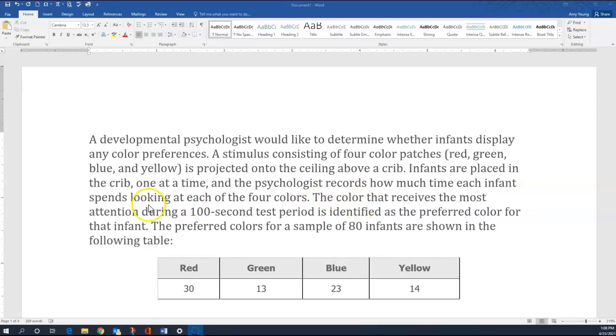The color that receives the most attention during a 100-second test is identified as the preferred color for the infant. The preferred color for a sample of 80 infants is shown in the following table. So 30 preferred red, 13 preferred green, 23 preferred blue, and 14 preferred yellow.